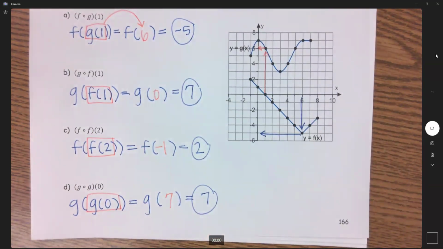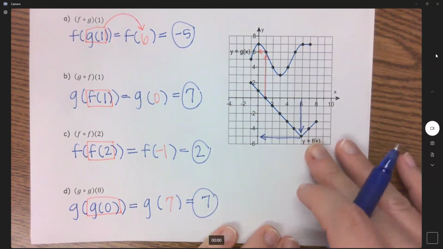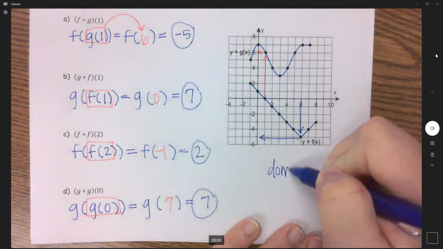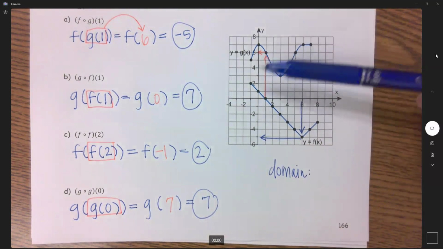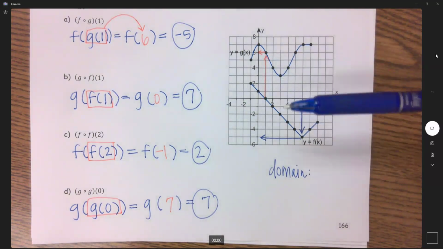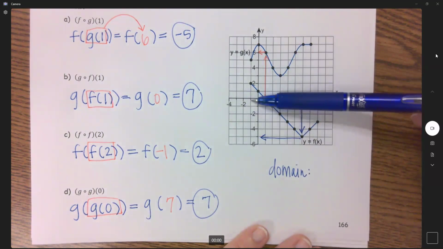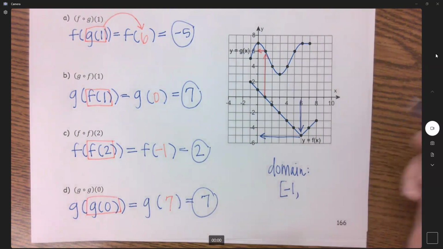Now, I don't ask this question, or maybe I need to actually add it in the notes, but I believe something in your homework's going to ask, what's the domain of this graph? And so remember, domain has to do with all of our x's. Okay, so my domain, you want to see values that they share, right? So they both start at -1, and that's included, so we'll do a bracket.